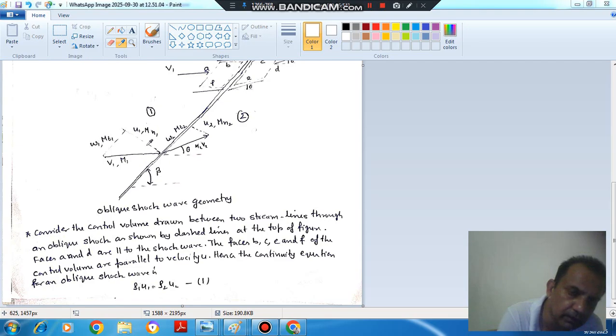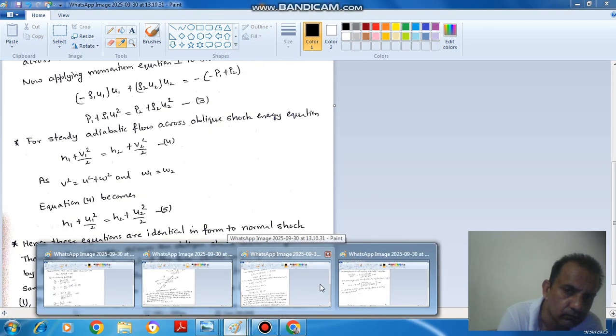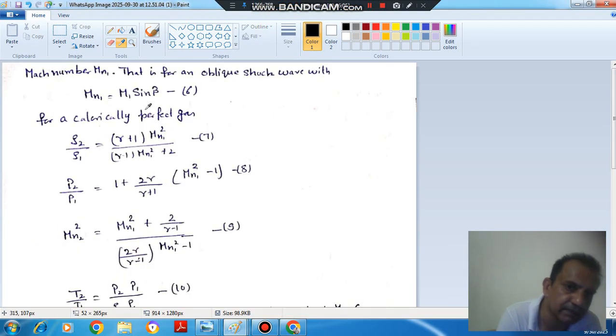So this is the normal component, so Mn1 will be equal to M1 sine beta. That is your Mn1.